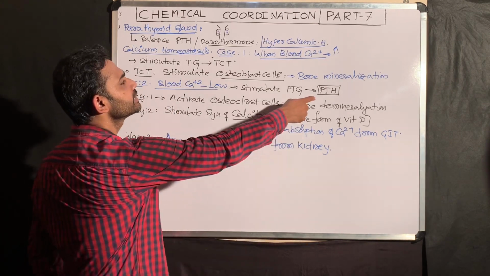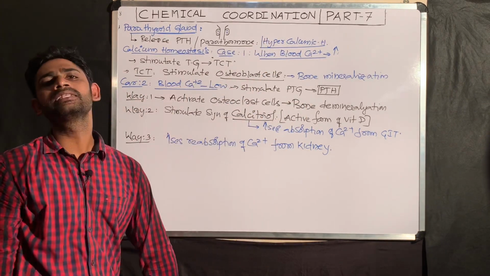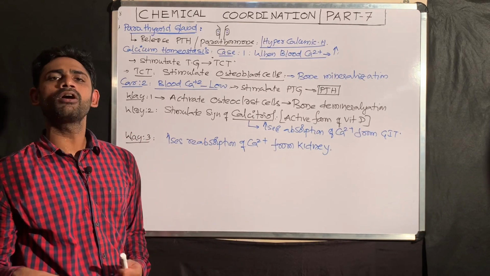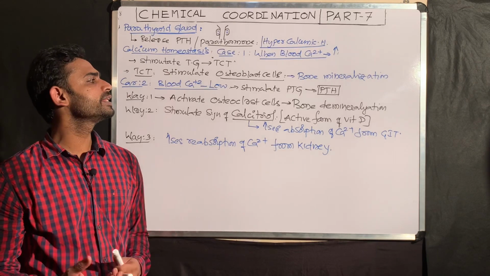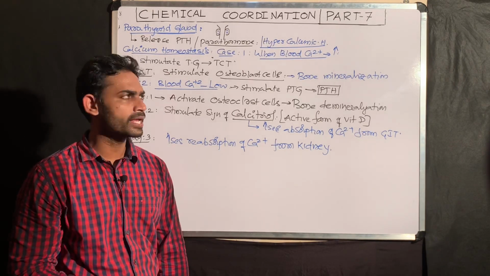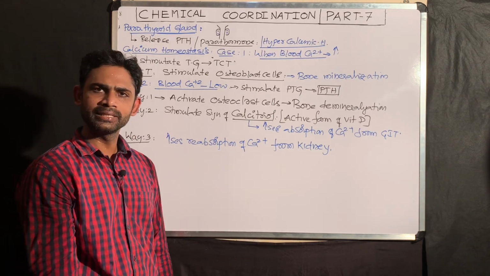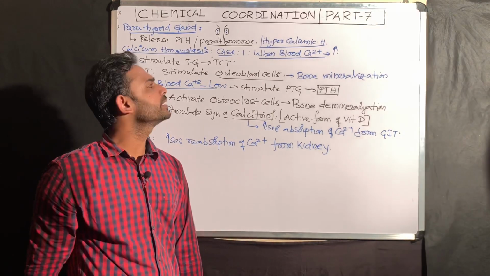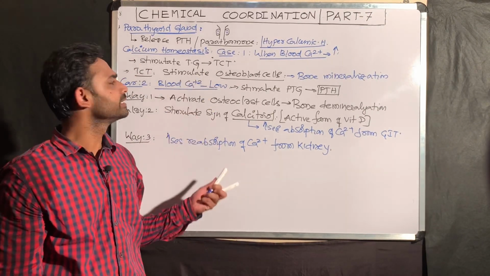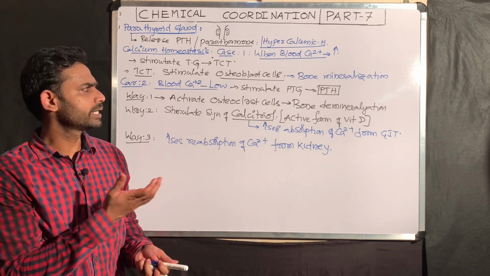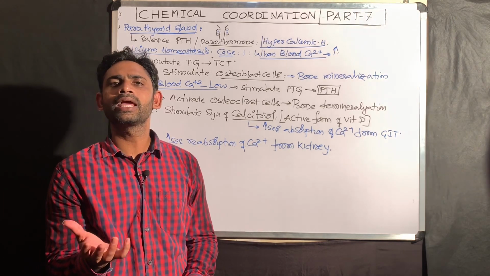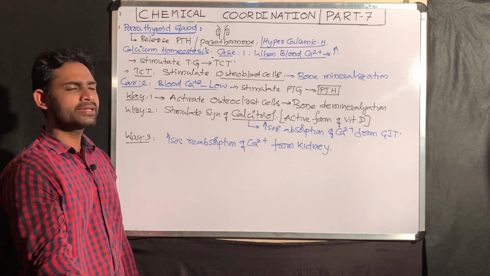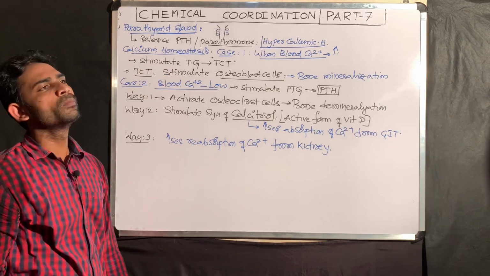That is why PTH is also called a hypercalcemic hormone. Now, are TCT and PTH synergic or antagonistic? Definitely both are antagonistic. TCT is a hypocalcemic hormone, and parathyroid hormone is a hypercalcemic hormone. This is how blood calcium is maintained at an almost constant concentration in the blood. Maintaining that is called calcium homeostasis.